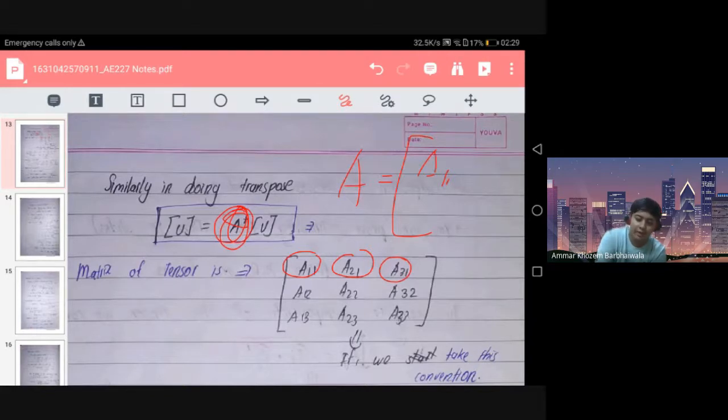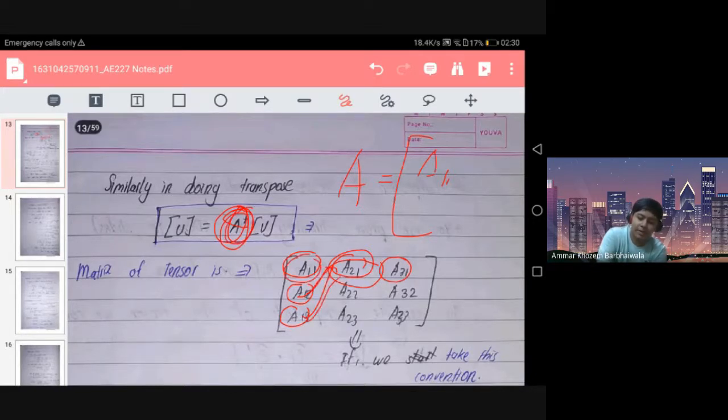So a12, a13 are in these columns, and then we can apply the same matrix multiplication as we did in MA106. If we go with index notation, everything is the same and consistent. But if you want to do matrix multiplication, you'll have to write the matrix and multiply the rows with the columns. So when you write the matrix form of this tensor, you'll just have to take the transpose of it.